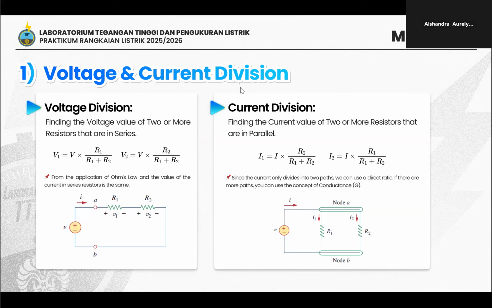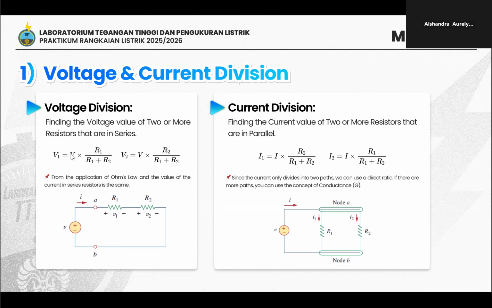Voltage and current division helps us find these values in the opposite configurations, where voltage division is finding the voltage value of two or more resistors that are in series, and current division is finding the current value of two or more resistors that are in parallel. The formula is on this PowerPoint, and you can follow it if you want to.